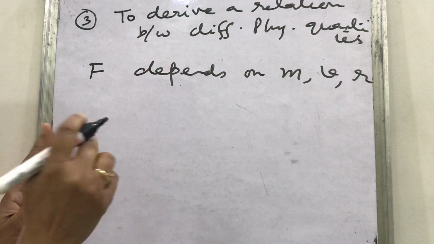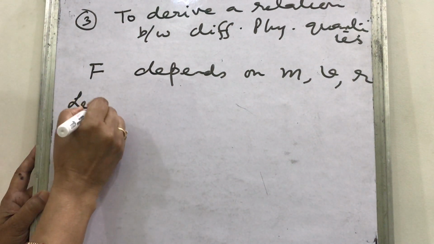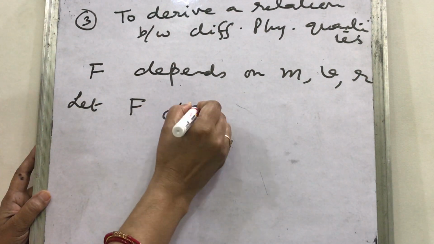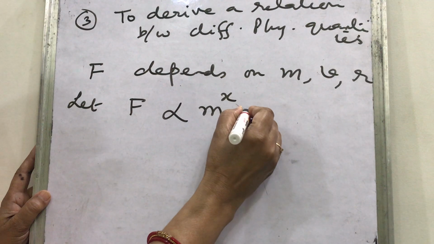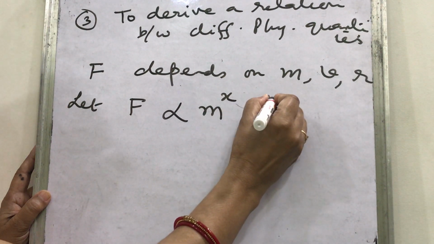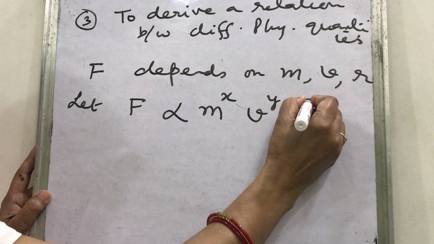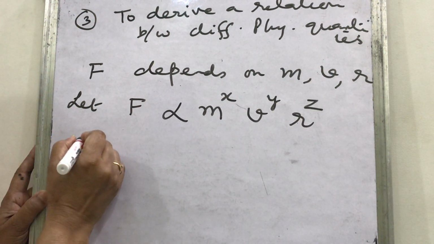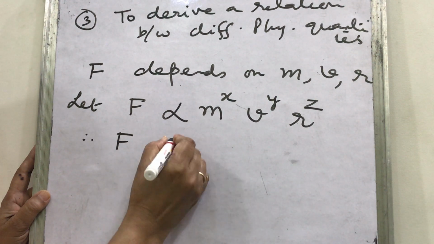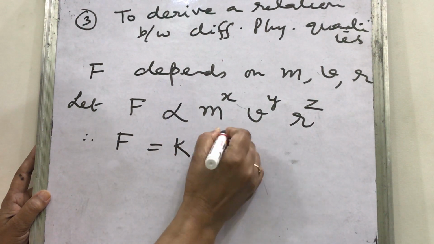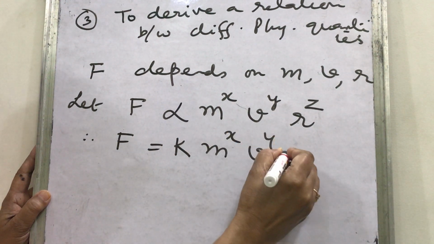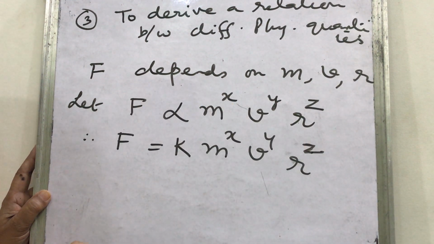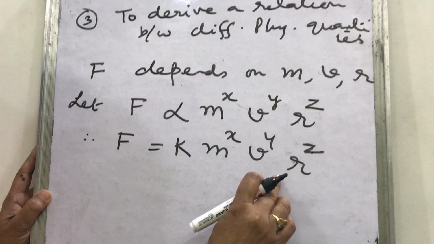Listen, the first line you will write: let F be directly proportional to mass to the power x, velocity to the power y and radius to the power z. Second line, therefore F can be written equal to k m to the power x, v to the power y and r to the power z. This is the answer line.